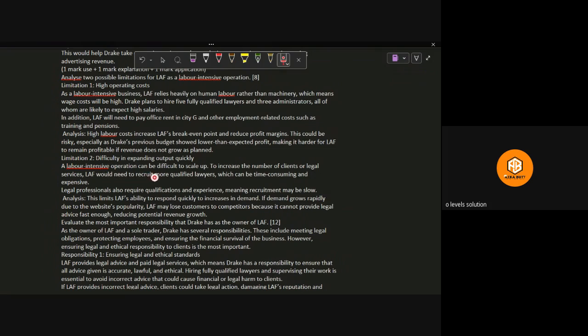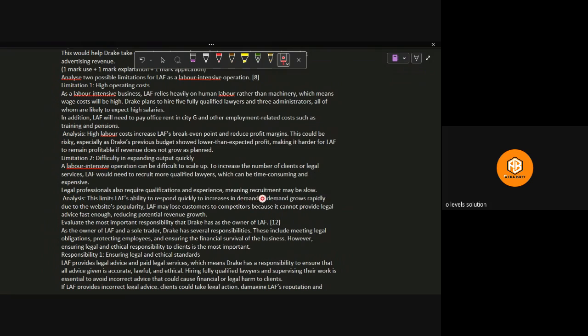LAF would need to recruit more qualified lawyers, which can be time consuming and expensive. Legal professionals also require qualifications and experience, meaning recruitment may be slow, and this limits LAF's ability to respond quickly to an increase in demand.